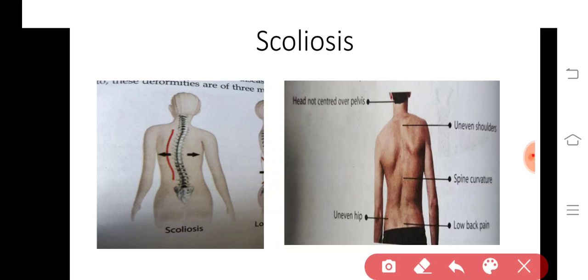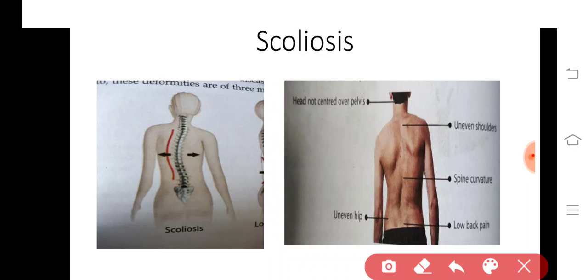As you can see in this picture or slide, the normal spine is structurally balanced for the optimal flexibility and support of the body weight. It means the whole body weight is equally divided in all dimensions.